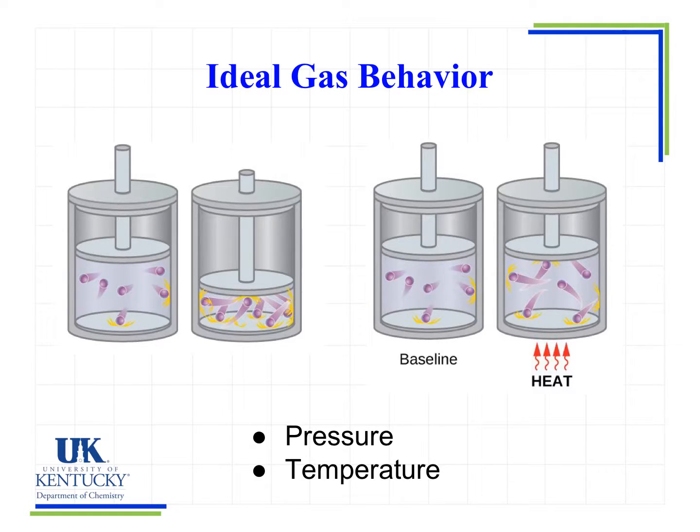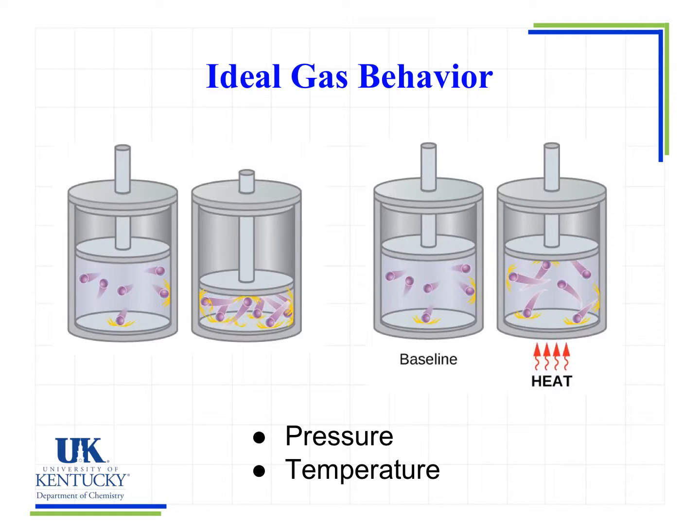As I increase the pressure, I'm going to push those molecules closer together and they are going to interact with each other more. The basic principle of ideal gas behavior is that we minimize interactions between molecules.